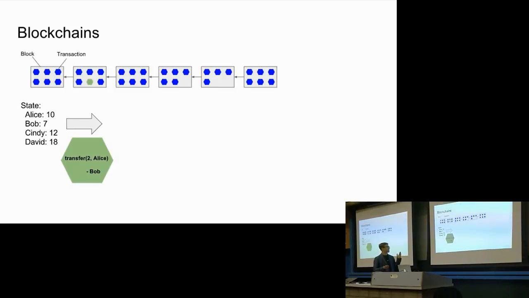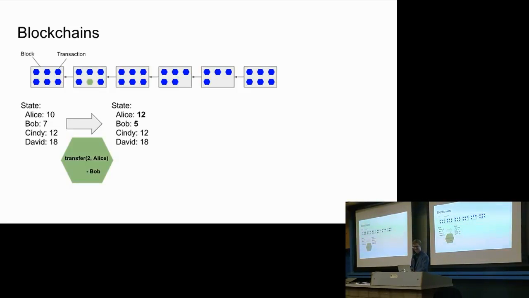The transaction calls a function, it runs an operation, and this operation is transfer 2 to Alice. So Bob wants to transfer 2 tokens to Alice. And when this transaction is included in a block, then its effect on the state is calculated, and the effect is that the balance of Alice is increased by 2, and the balance of Bob is decreased by 2. Okay, that's how blockchains work.